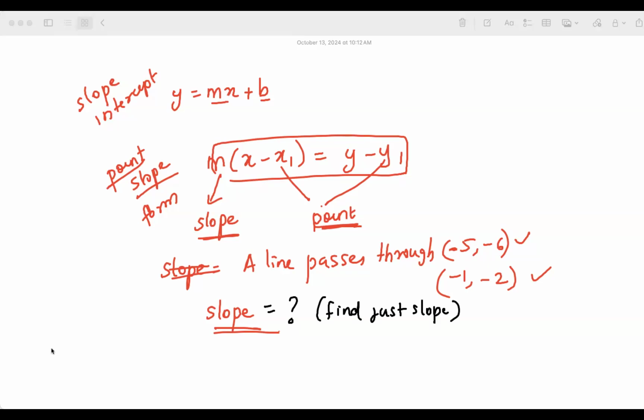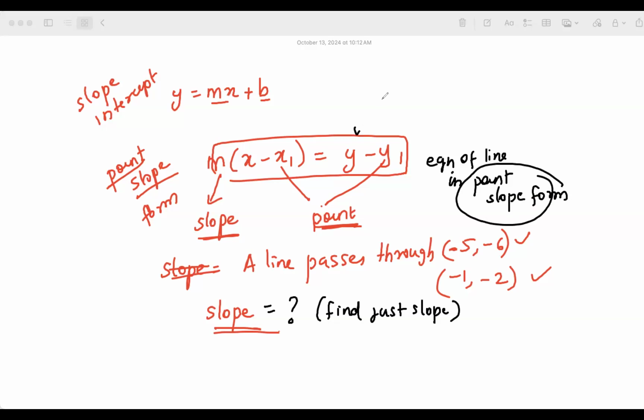I don't know if the answer is right, but I wanted the equation of the line in point slope form. Vinisha, the slope is incorrect now. Equation of line in point slope form is what I want. It's a new one. I did not teach you it. Point slope form is this one now.